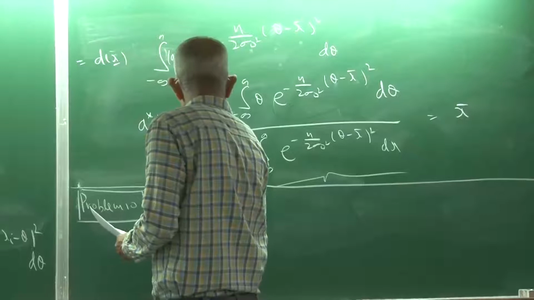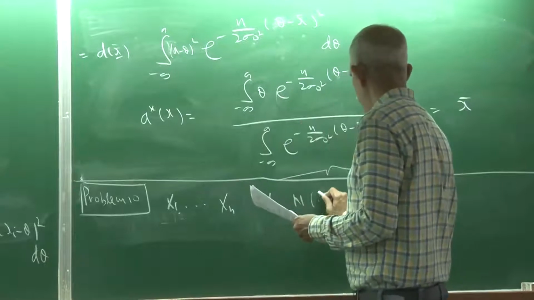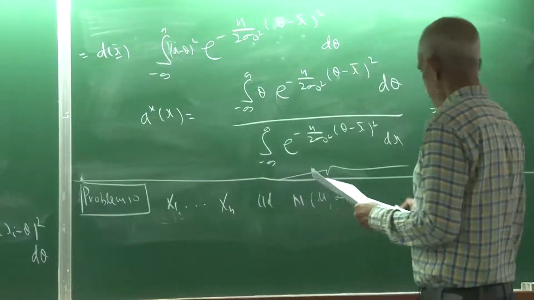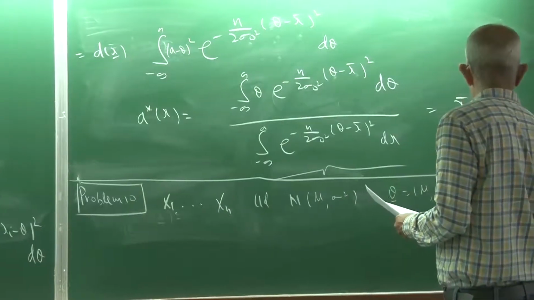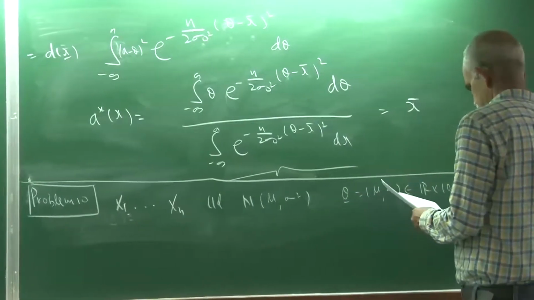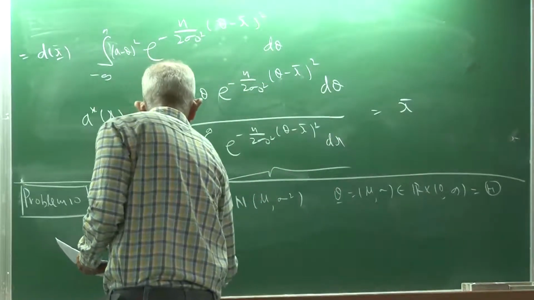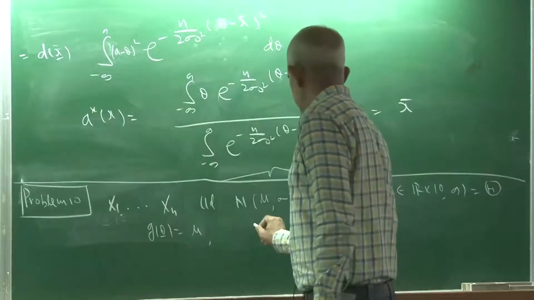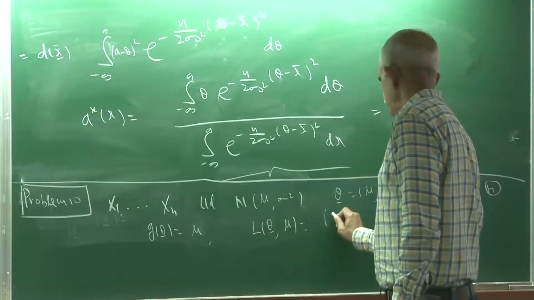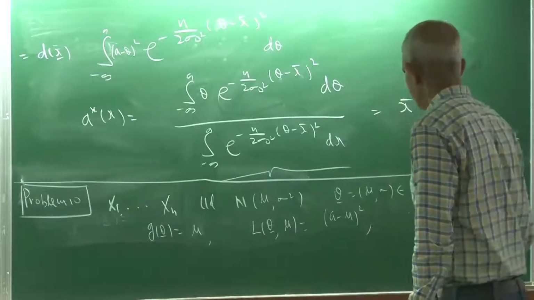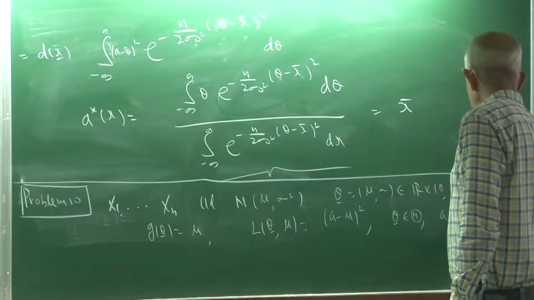It says X1, X2, ..., Xn are IID normal(mu, sigma square), where mu and sigma both are unknown. Let me call this theta. Your estimand g(theta) is mu, and you are considering the square loss function, that means L(theta, a) is nothing but (a minus mu) whole square, theta belonging to capital Theta, a belonging to the action space A, which is whole R.